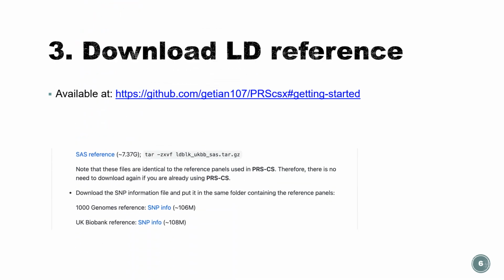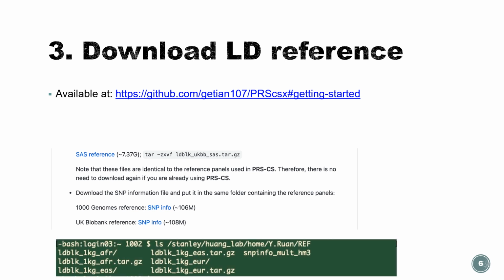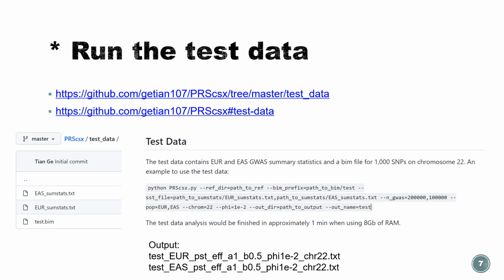You also need to download the SNP information and put it in the same directory with other LD reference files. After you download all the software and the LD reference, you can run your first analysis. You can download the formatted test data and use the example command from the README test data to run the test. The test will be finished in about 1 minute, and you will have 2 txt files as the output.